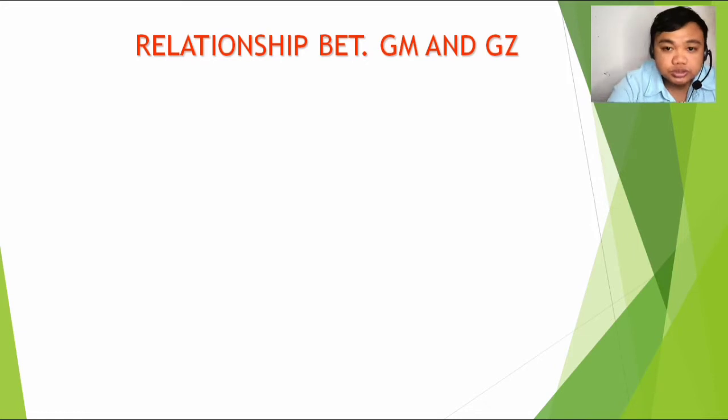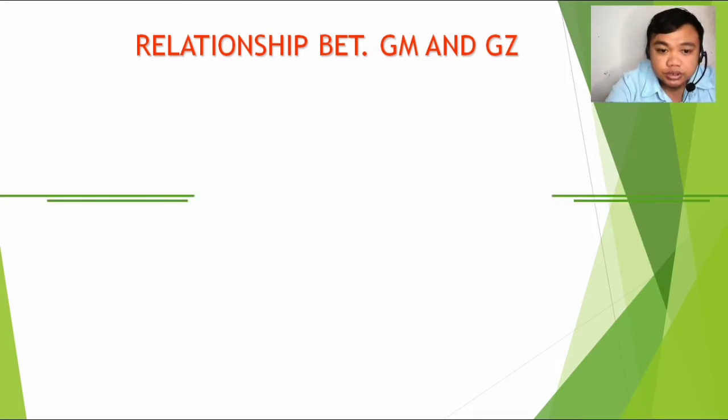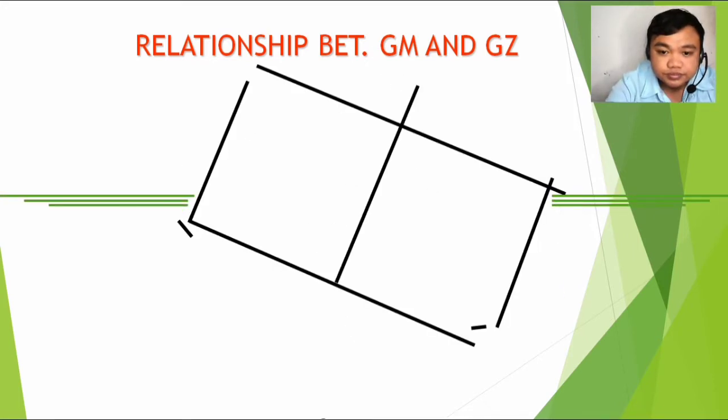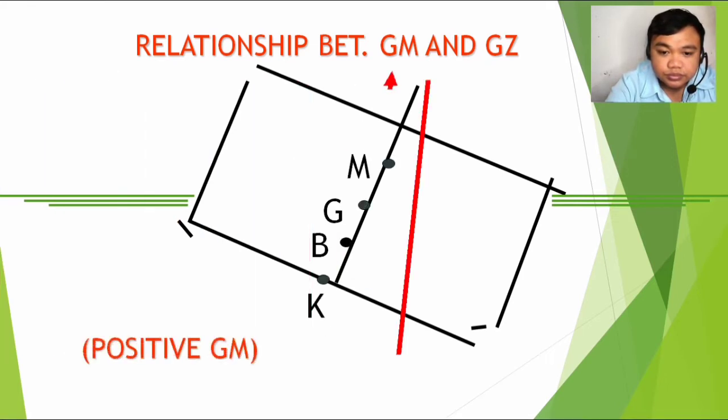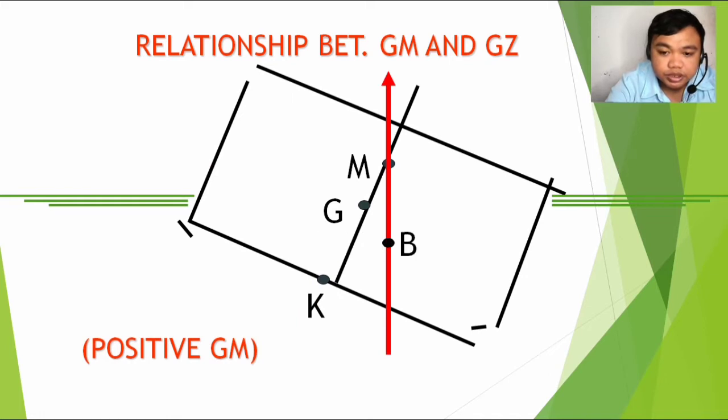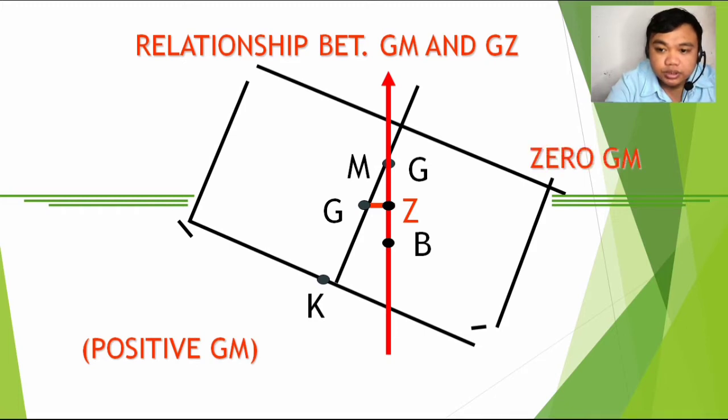So we have the relationship between GM and GZ. If GM is positive, then we have a positive GZ. But if we have a 0 GM, then we will also have a 0 GZ.